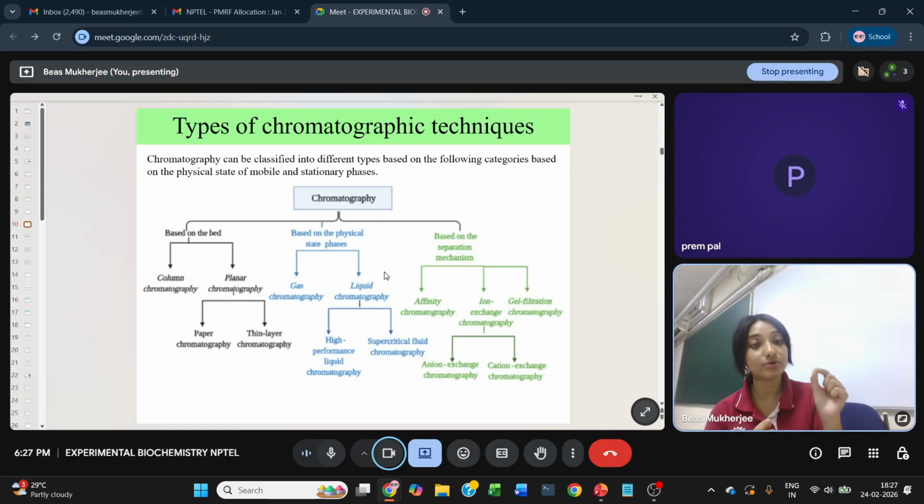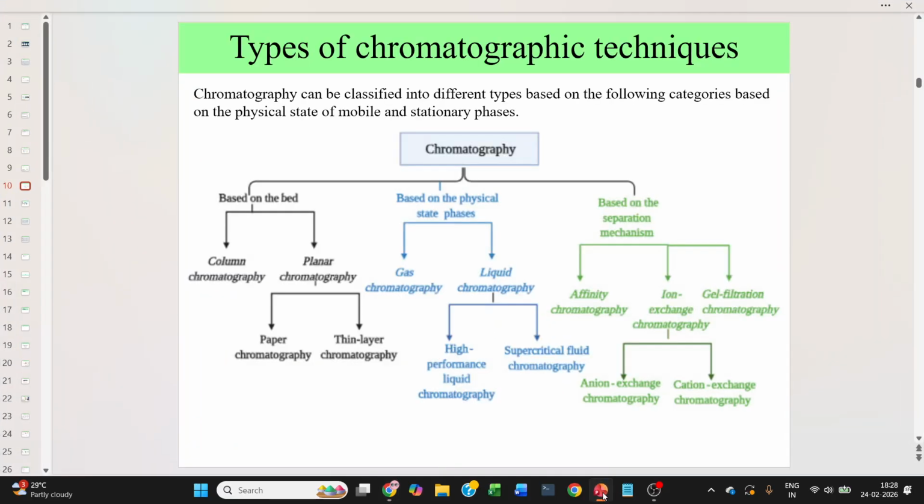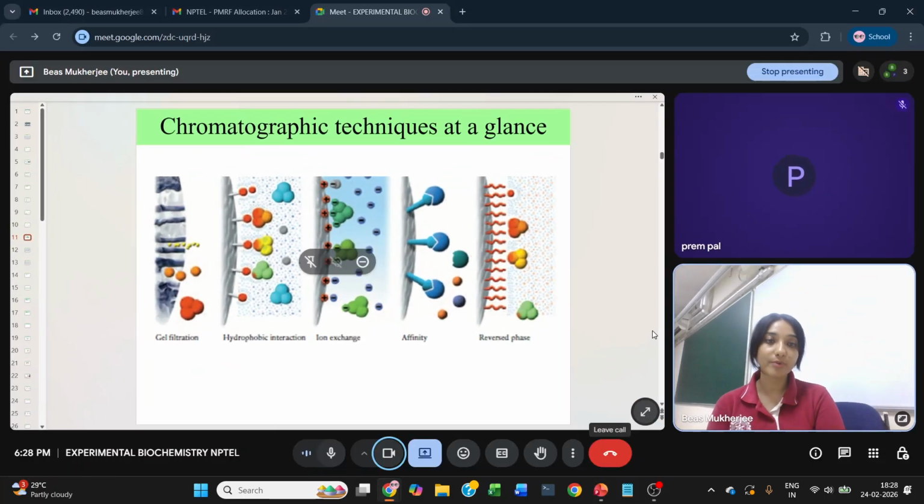Then there is oligo-dT chromatography, using which you separate mRNA. And then there is ion exchange chromatography, which can be of two types: anion exchange and cation exchange chromatography. The next type is gel filtration chromatography, which is also called size exclusion chromatography.